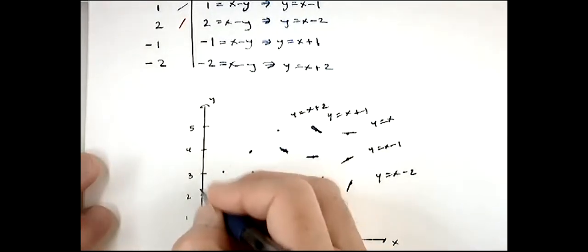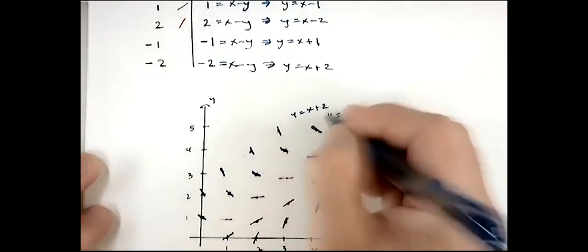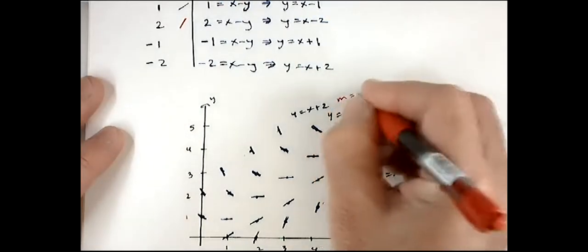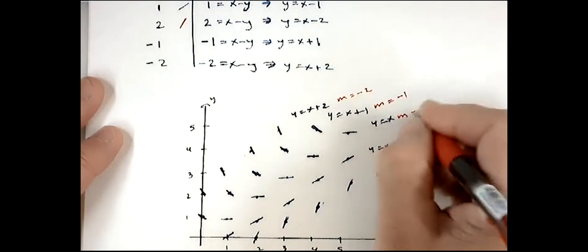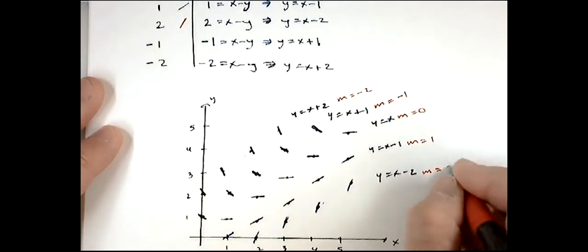And these slopes are more negative. But m equals -2. This is m equals -1. This is m equals 0. This is m equals 1, right? And these are just the slopes.